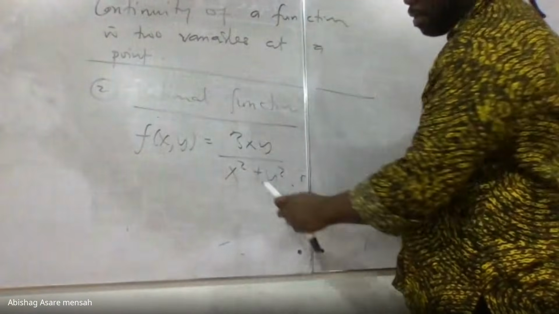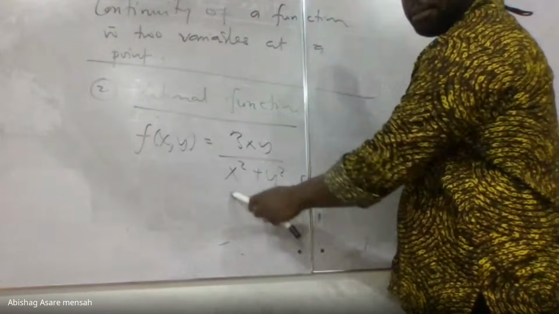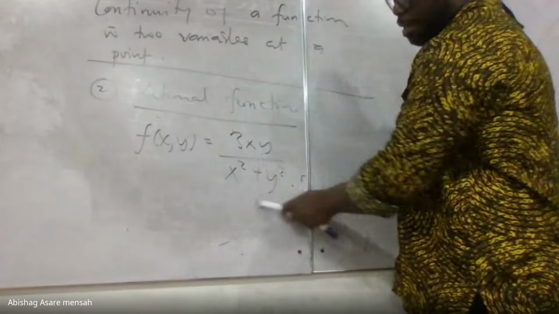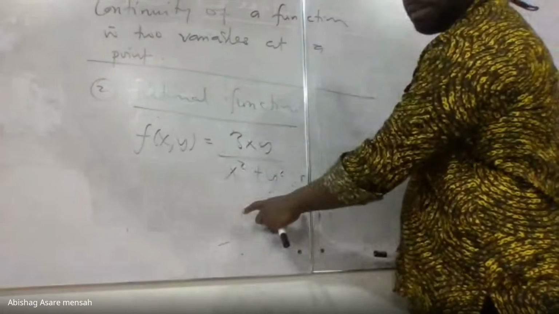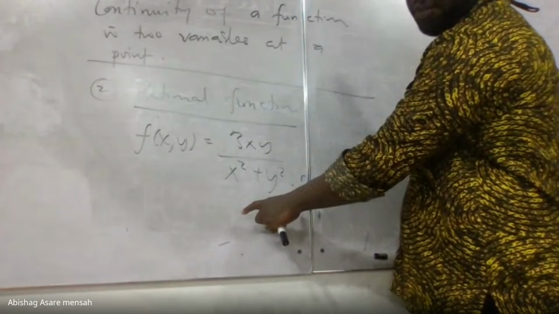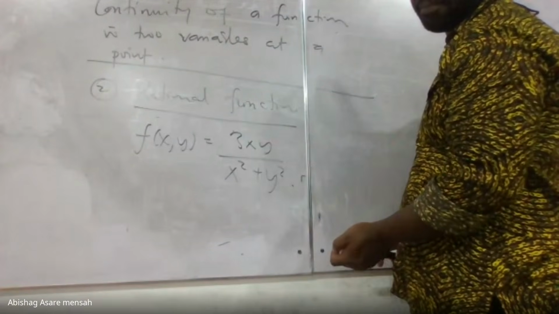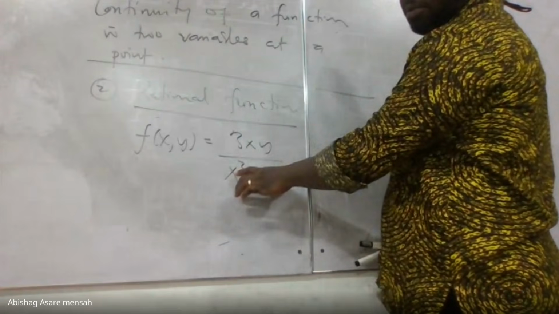Now, the moment you have this, please listen carefully. Our focus should be on the denominator. If the denominator here gives us 0, it means the whole thing is undefined. That means it will not exist. So to avoid that, what do we have to do?